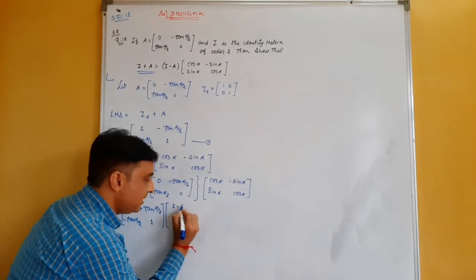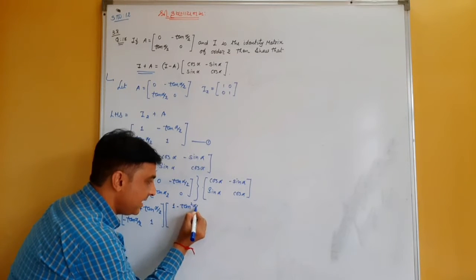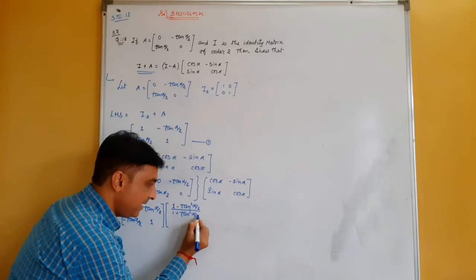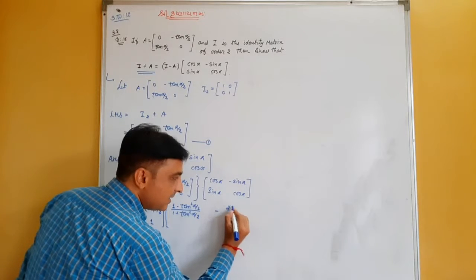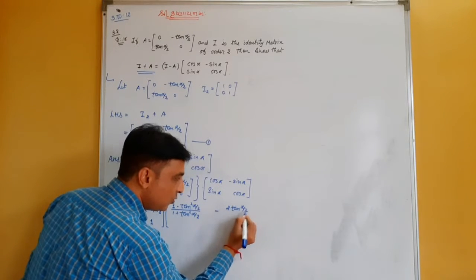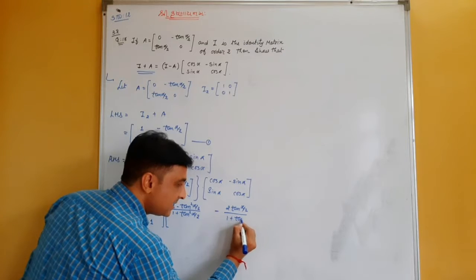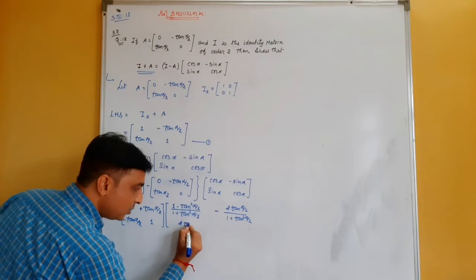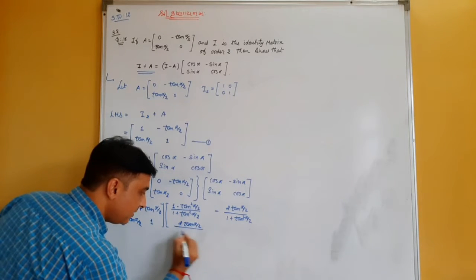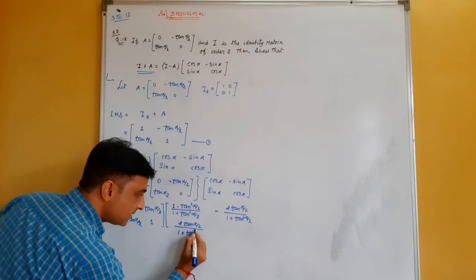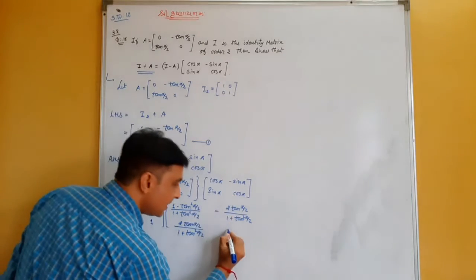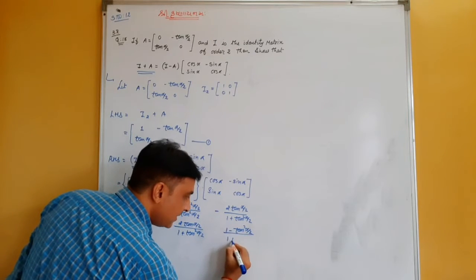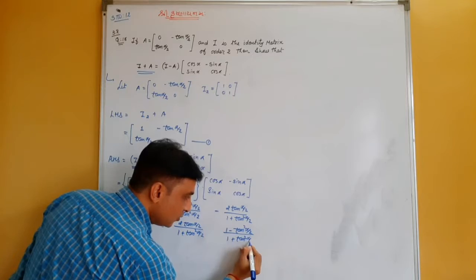Minus sin alpha is minus 2 tan alpha by 2 upon 1 plus tan square alpha by 2. Similarly, sin alpha is plus 2 tan alpha by 2 upon 1 plus tan square alpha by 2. And cos alpha is 1 minus tan square alpha by 2 upon 1 plus tan square alpha by 2.